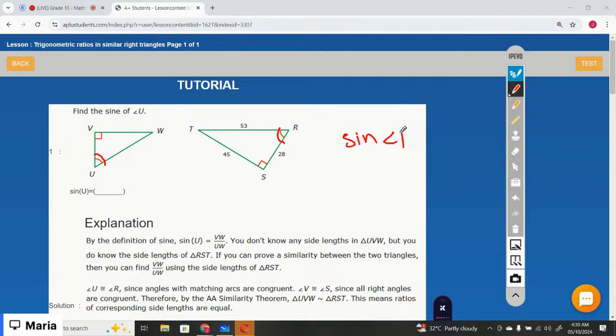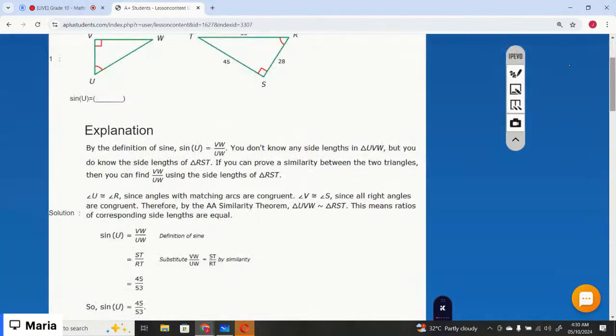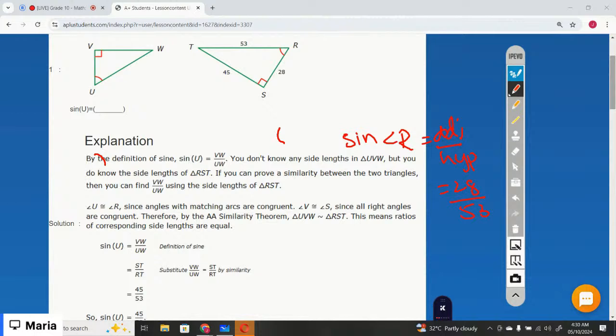Sine of angle R is opposite divided by hypotenuse, right?